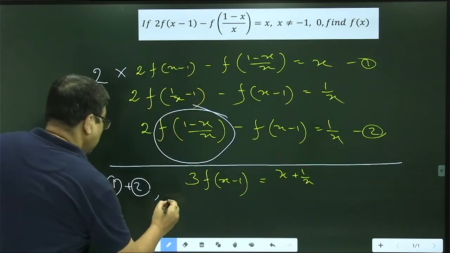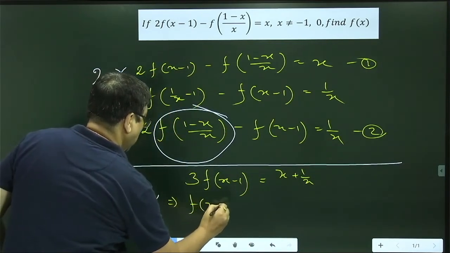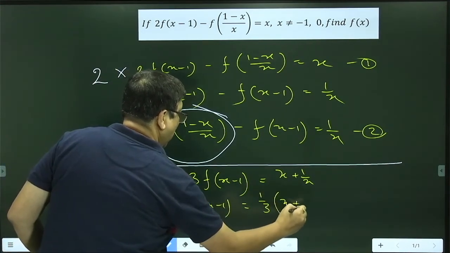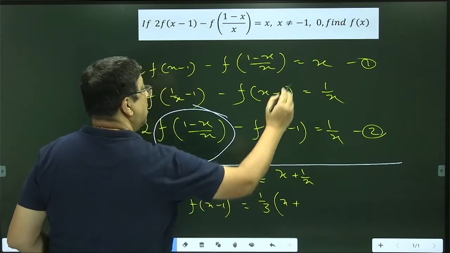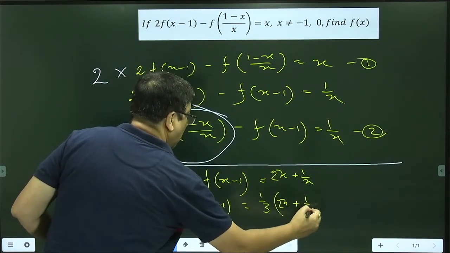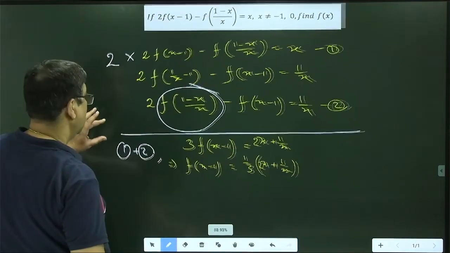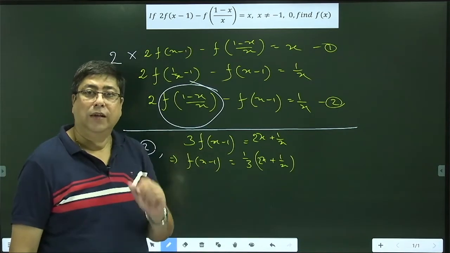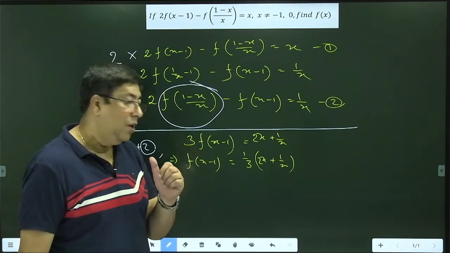So in this case f of x minus 1 equal to 1/3 into, no, it is coming here 2x plus 1 by x. Just see one thing, but we need f of x. What to do? Just replace.